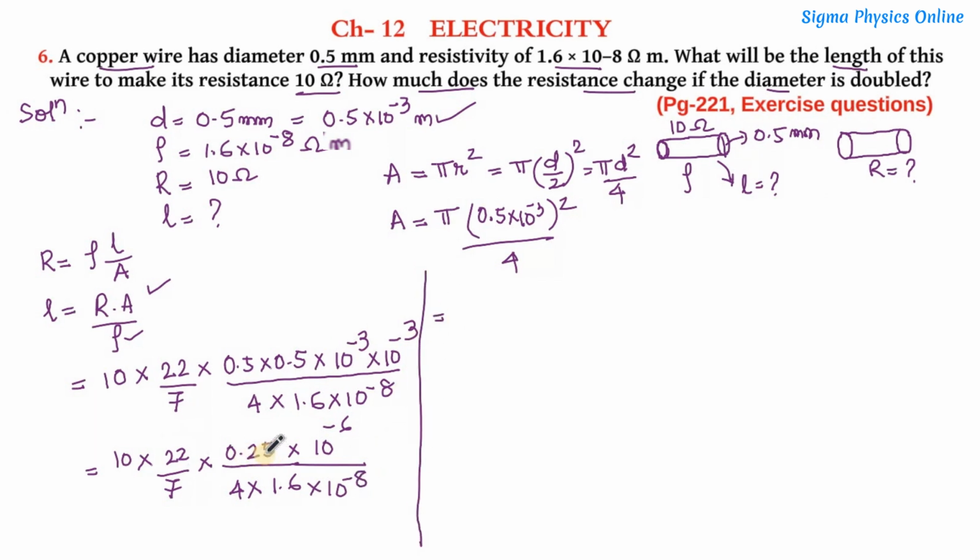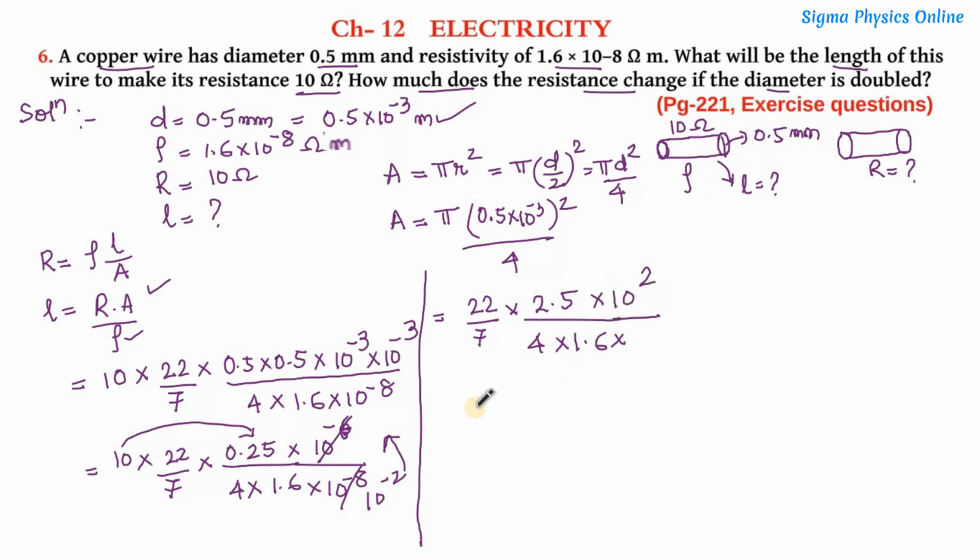This 10 multiplied with 0.25 gives us 2.5. So it's 22 by 7 into 2.5 by 4 into 1.6 into, it comes to be 10 to the power minus 2. When this 10 to the power minus 2 goes up, it will be 10 to the power plus 2. So it's 10 to the power 2.